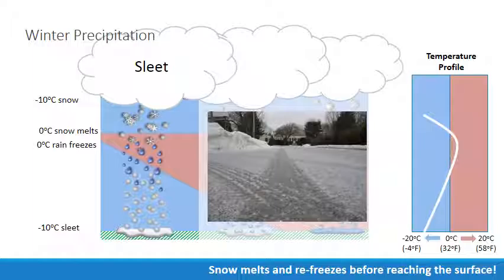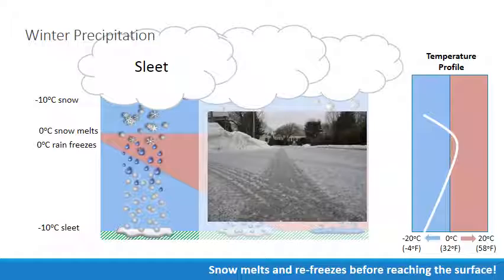In this case, the cold surface air layer is thick enough, or the freezing level is high enough, that the droplets do have time to refreeze before hitting the ground. The surface temperature has to be well below freezing for sleet to form. Notice that the temperature here is minus 10 degrees compared to minus 5 degrees in the case of freezing rain.